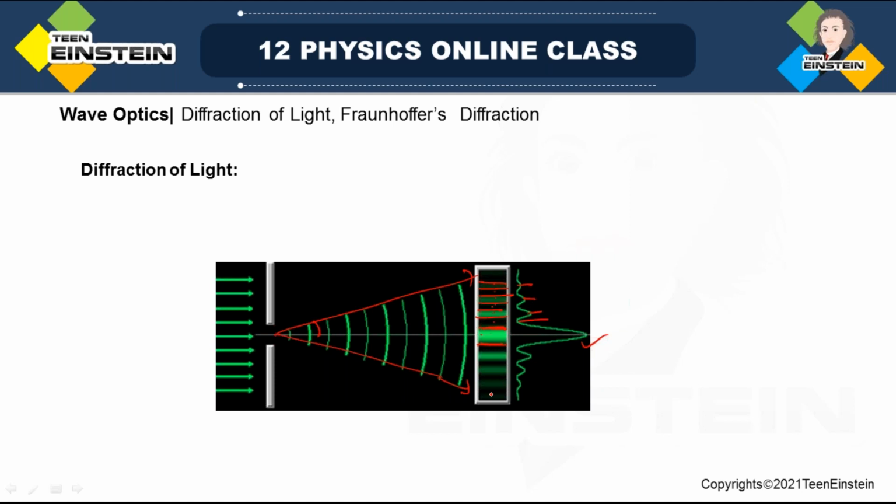So this is diffraction of light, and because of it you will be able to see dark and bright regions in the geometrical shadow region. In this region, this particular pattern you will see in this shadow region.